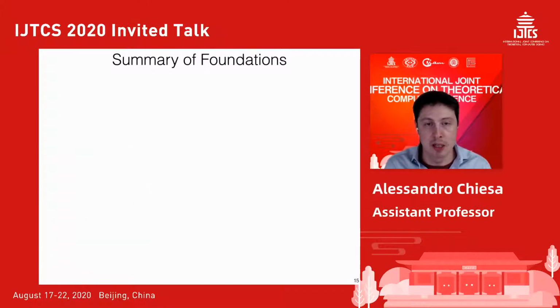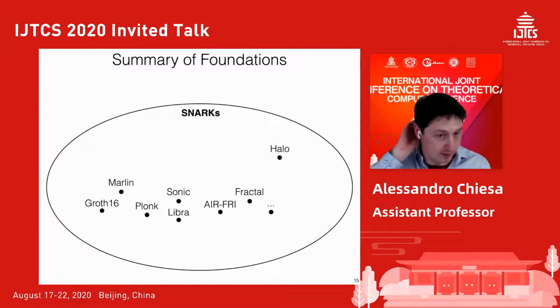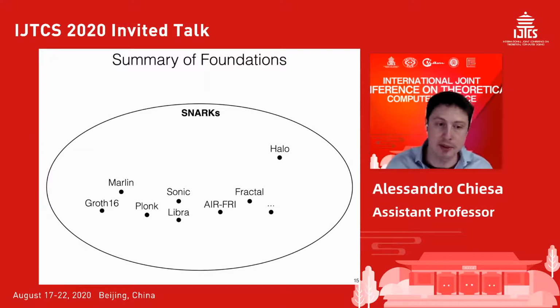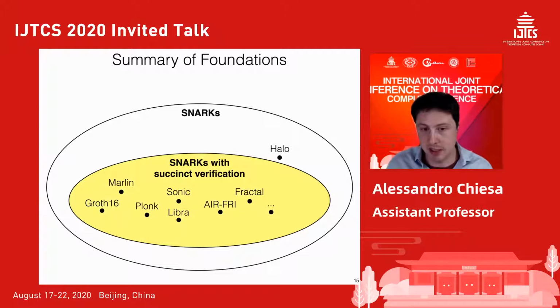Okay, so what I've told you is that there are many snarks. First, I said that snarks with succinct verification can lead to recursion. Fortunately, there are many of them that do. But this leaves out some exciting snarks, for example, the ones in the Halo paper.